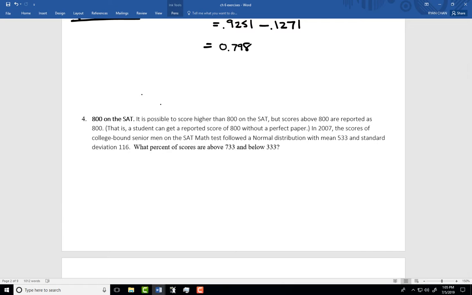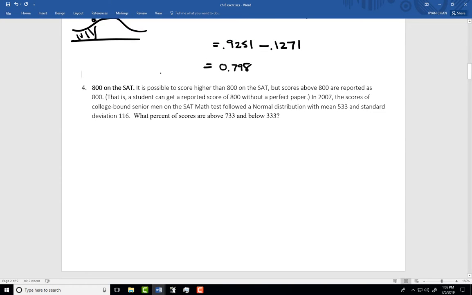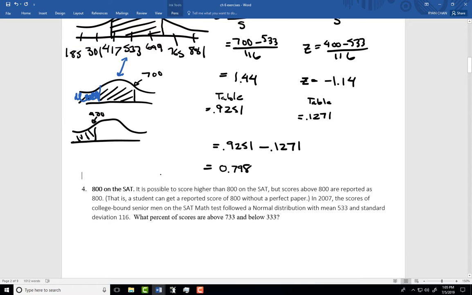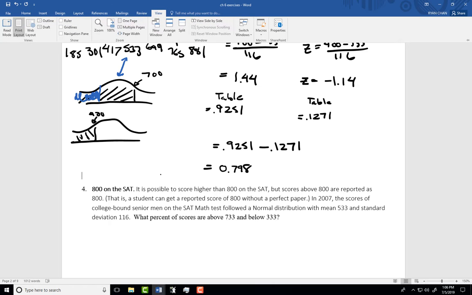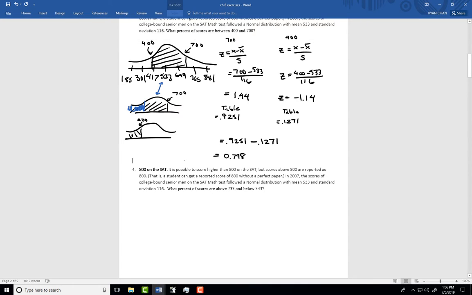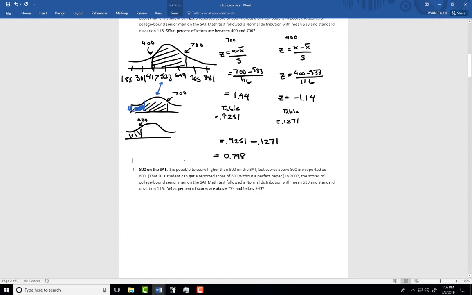So let's take a look at the very last one here. Let me just zoom out, just so I can see this table again. So let's say you have a problem like this. So 533.